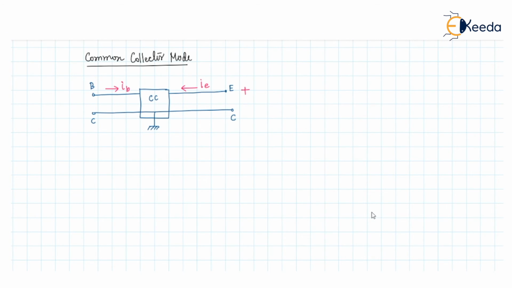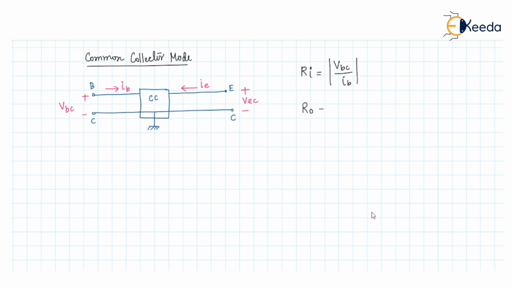The output voltage can be written as VEC, and the input voltage is written as VBC. So if we are going to find the input resistance, it will be the input voltage, VBC, divided by the input current, IB. So VBC by IB will denote the input resistance of the common collector mode.